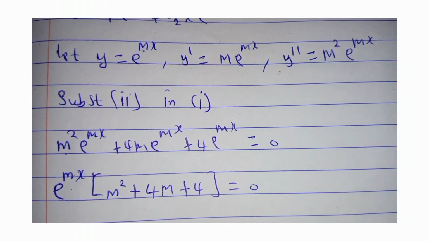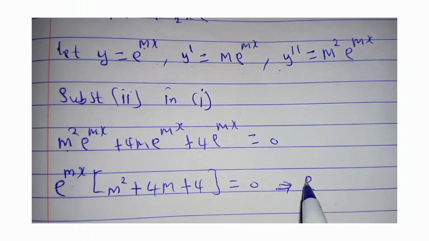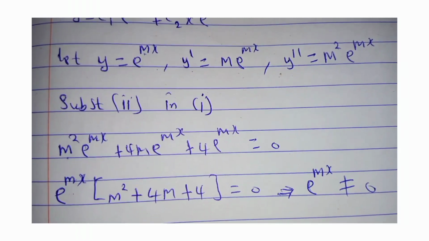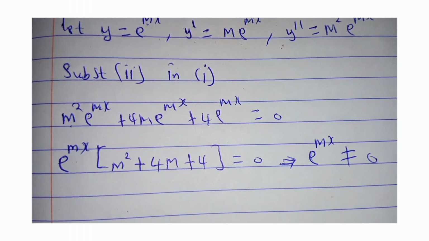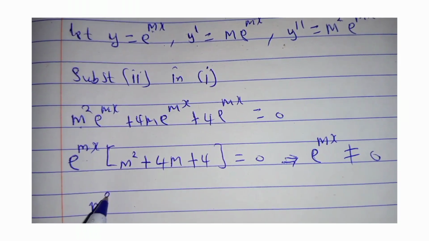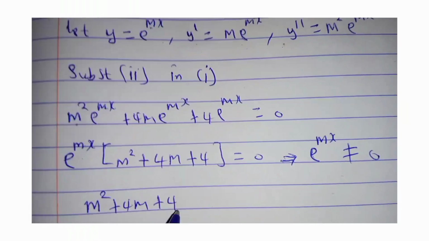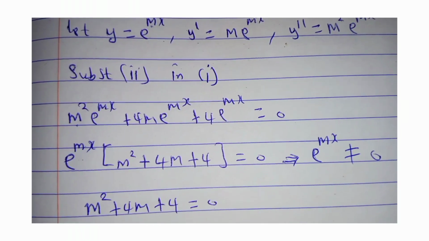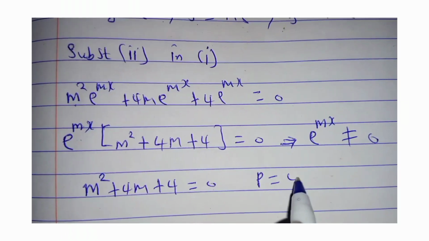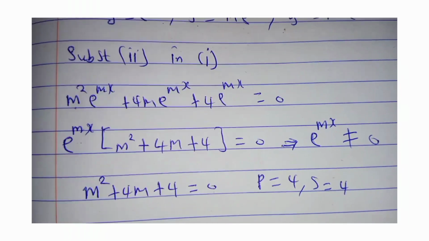Now note this, that exponential mx can never be equal to 0, meaning that our quadratic part is the one which is equal to 0. So m squared plus 4m plus 4 is equal to 0. We have a quadratic equation whereby our product is equal to 4, our sum is equal to 4.